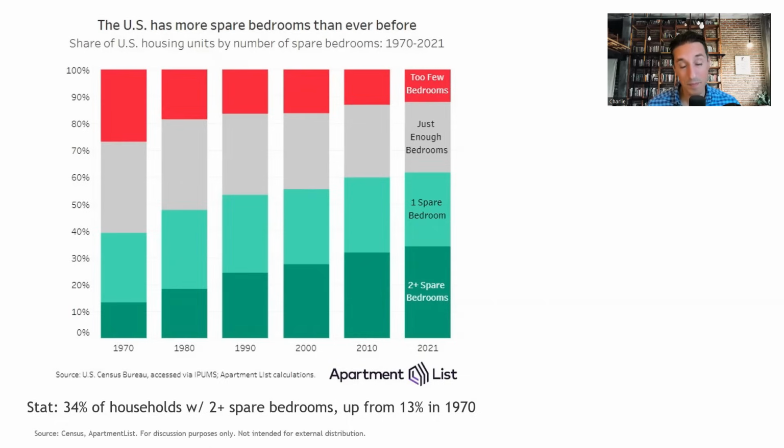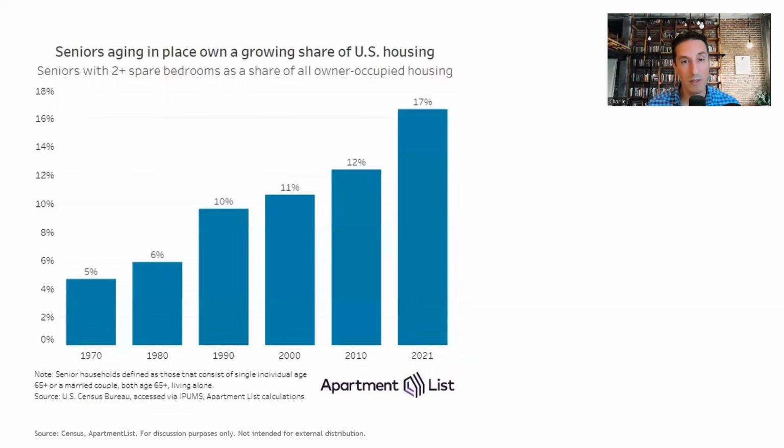The other factor is that many seniors today are not downsizing in retirement, they're aging in place. Obviously their kids have moved out, they still have these extra bedrooms, and now 17% of seniors have two or more spare bedrooms, up from 5% in 1970.